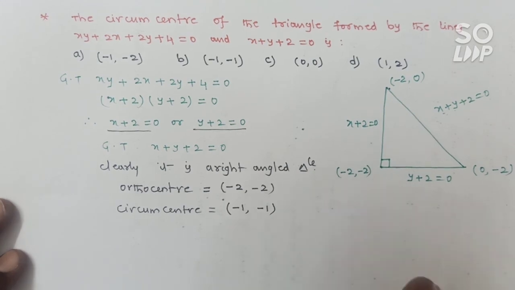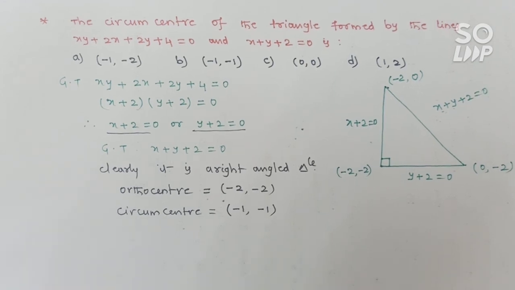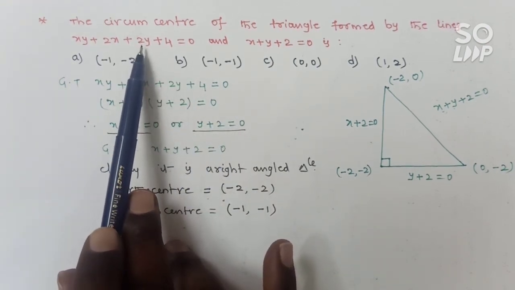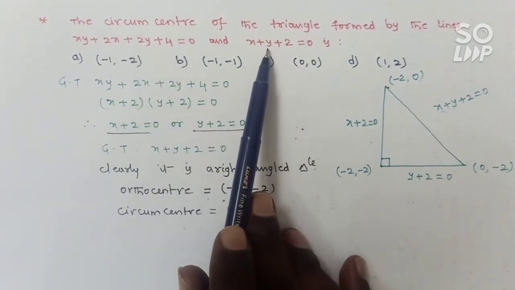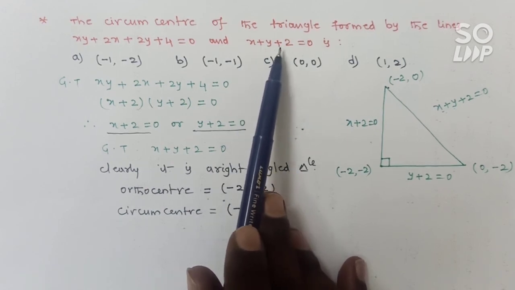But remember the important thing: when a second degree non-homogeneous equation is given, if it does not contain x square and y square terms, then the equation will represent lines which are perpendicular. So one is the non-homogeneous equation and another one is the linear equation.